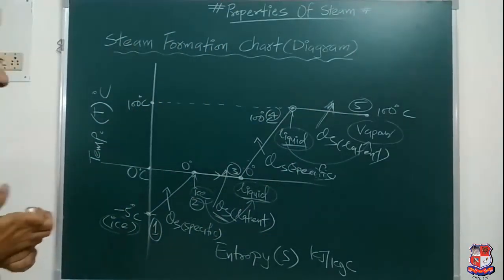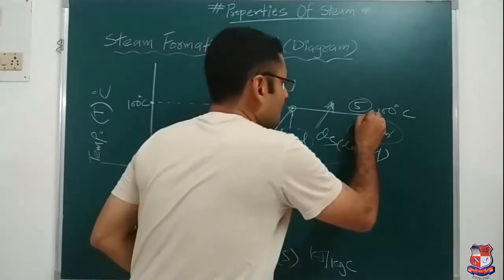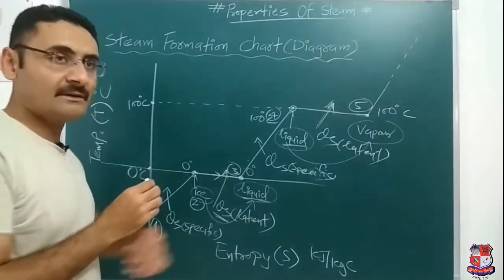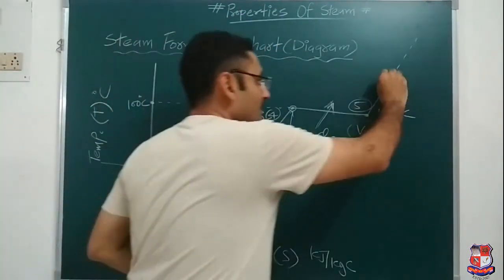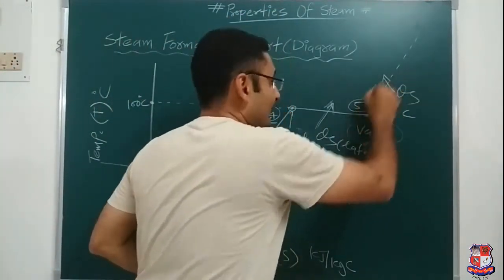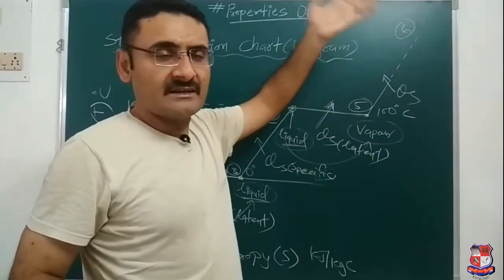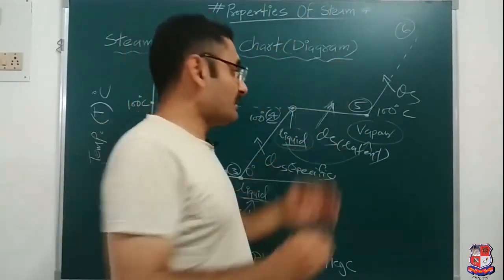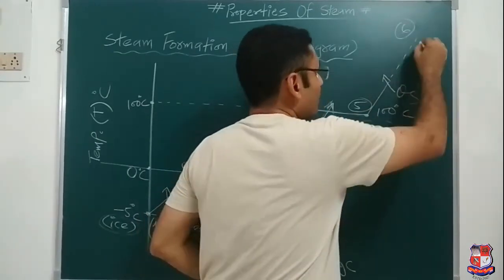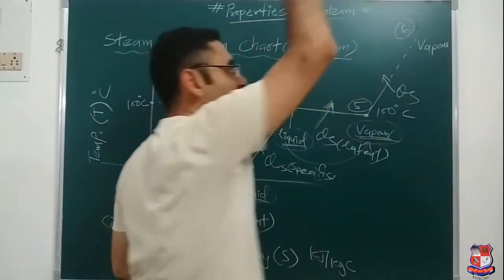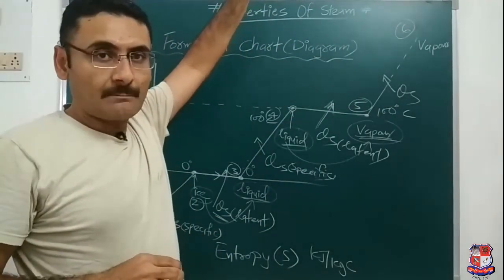Clear up to that? And onwards, if I supply heat up to an infinite level, what happens? Which type of heat will we supply? 500, 600 degree, 200, 300, 400, 600, 700, up to infinite. That means onwards, that vapor or steam will never change its phase. It will remain steam up to an infinite level if you supply the heat.